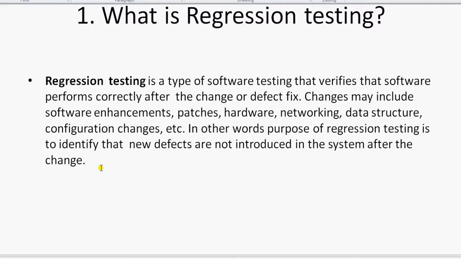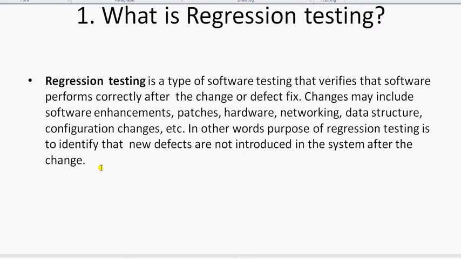Why regression testing is important? One of the reasons, if your software is in production and you implement change and defect fix, and without regression testing you put it into production, and if there is a malfunctioning of the existing functionality, then it disturbs the customer's daily work schedule, their output, and customers get very unhappy if the existing functionality is malfunctioning.